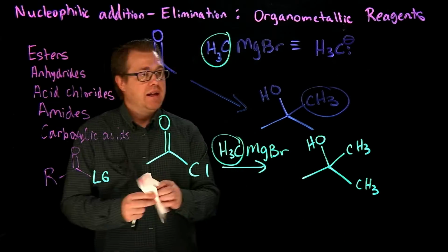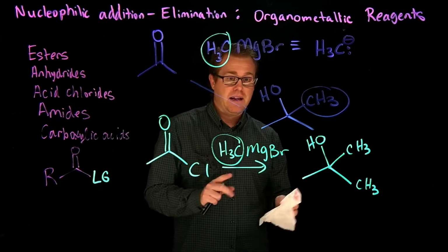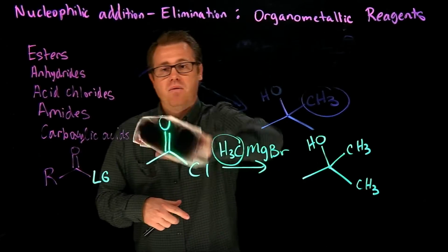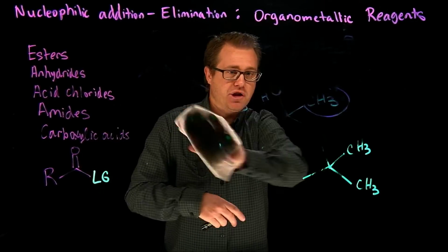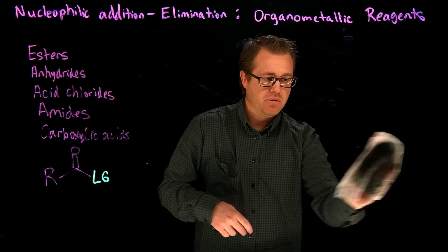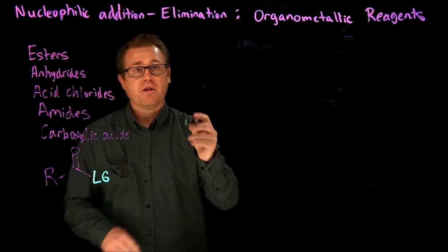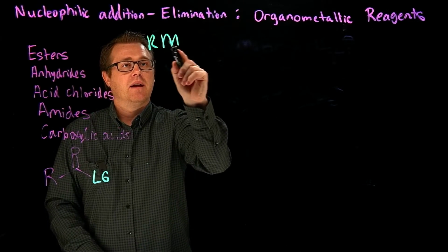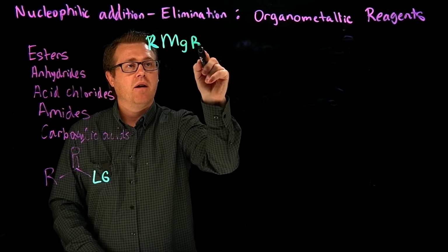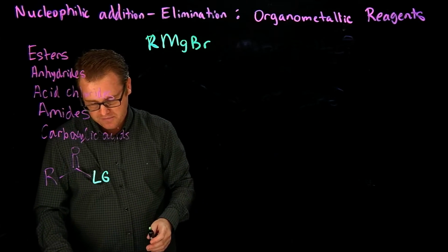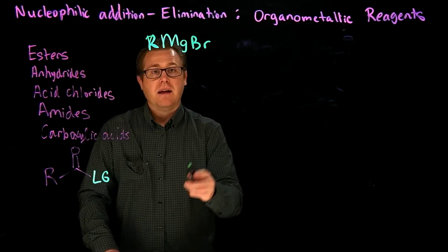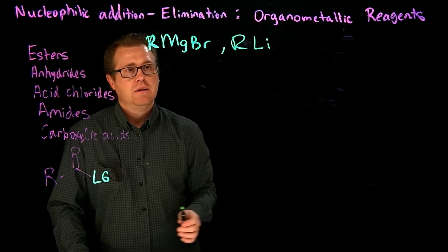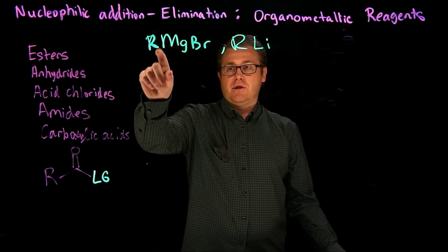So before we get into the mechanisms and the nitty-gritty of all this, let's just establish some ground rules of what we're going to be dealing with. The first two organometallic reagents that I want to look at are the Grignard, which we'll represent like this, RMgBr, and then alkyllithium reagents.